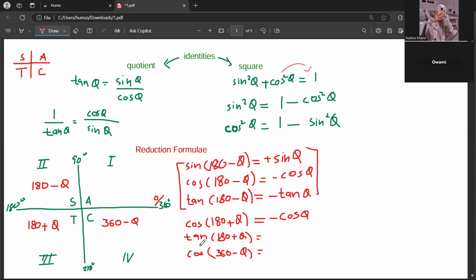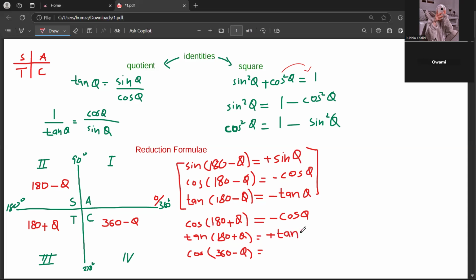Now let's look at tan. Tan 180 plus theta lives in the third quadrant where we know that tan values are positive. So we will say positive tan theta.